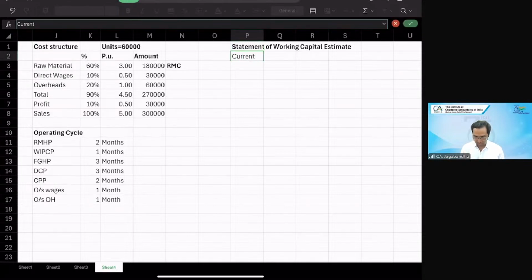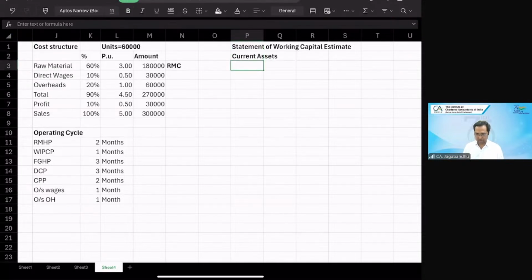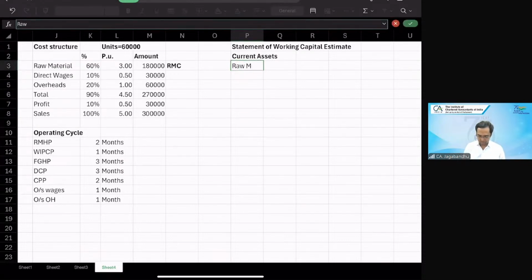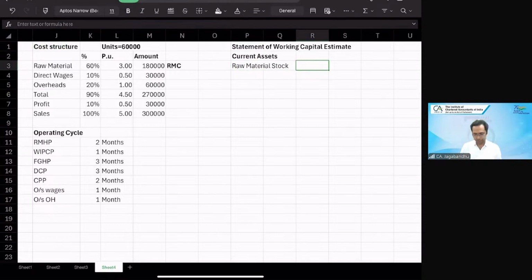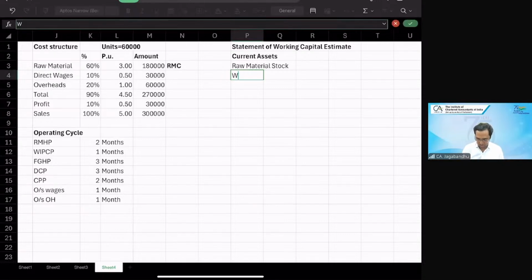So we'll say current assets. In that, the first one we will have is raw material stock. Then to that, you add the WIP stock.